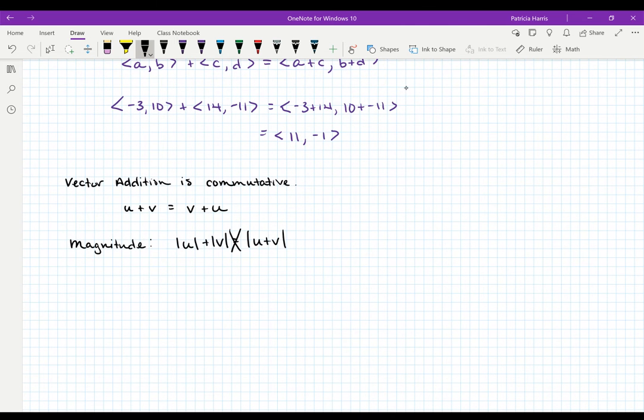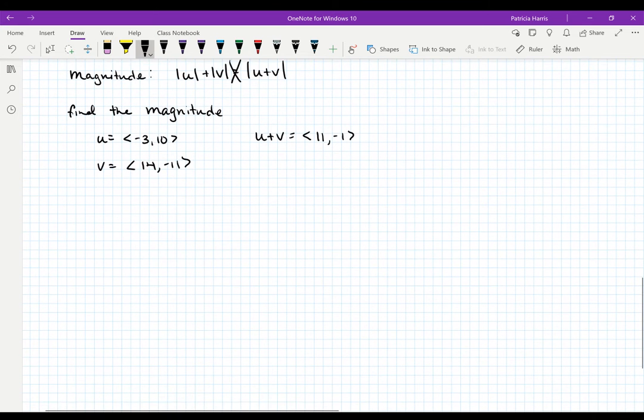Let's find the magnitude, using my previous example. And we're going to show that the above is actually not equal.